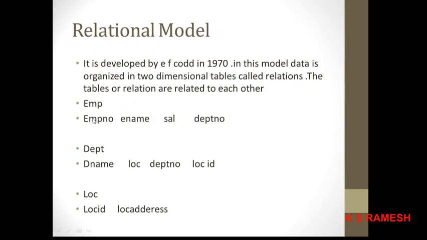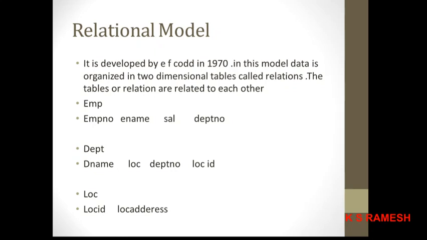So let us understand what is the use of this relational model, and how it overcomes both the hierarchical model and network model. In the hierarchical model, hard-coded links are permanently established and cannot be removed. That is the biggest disadvantage.